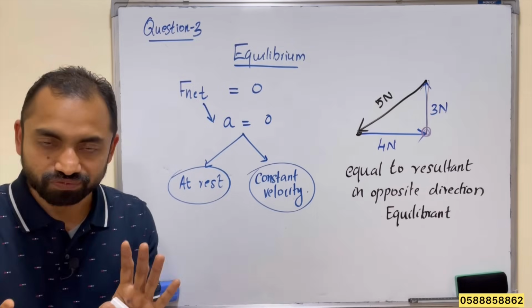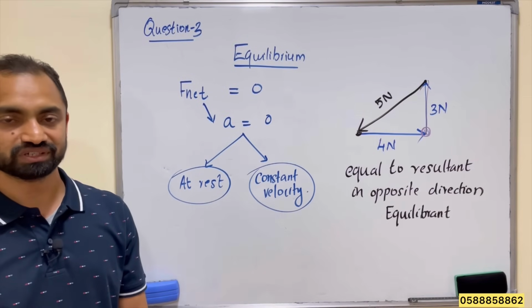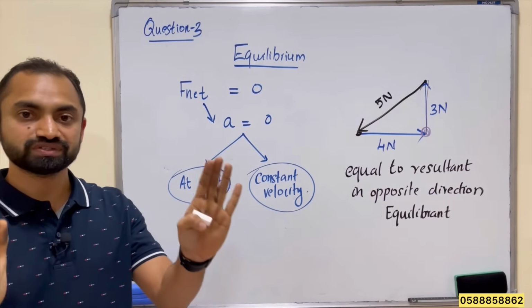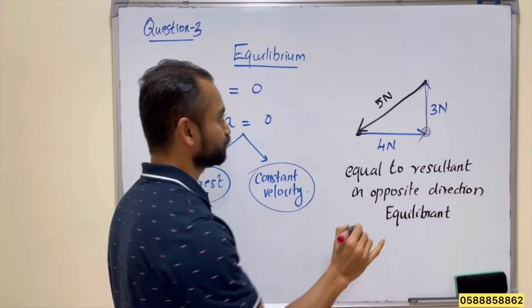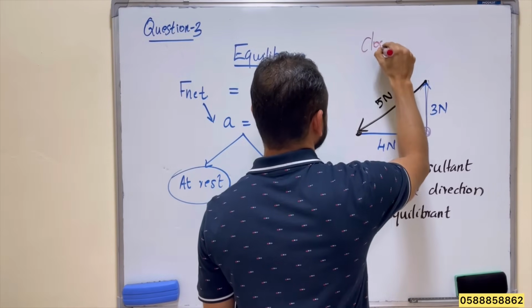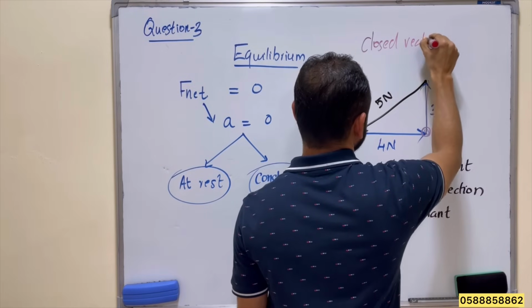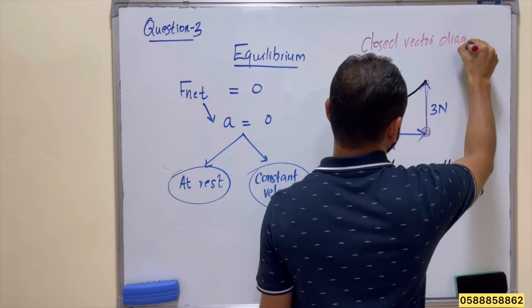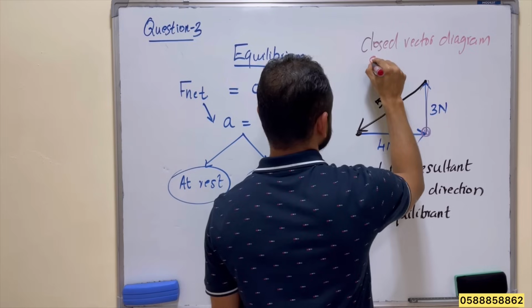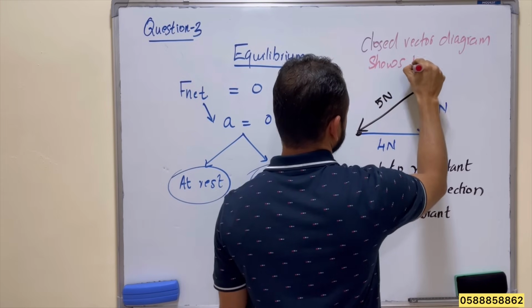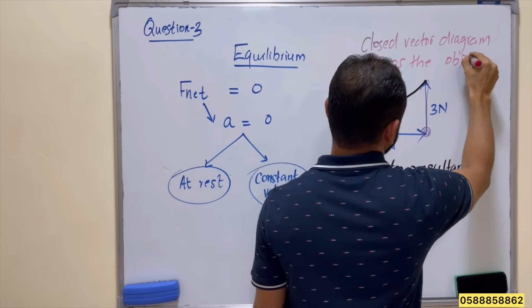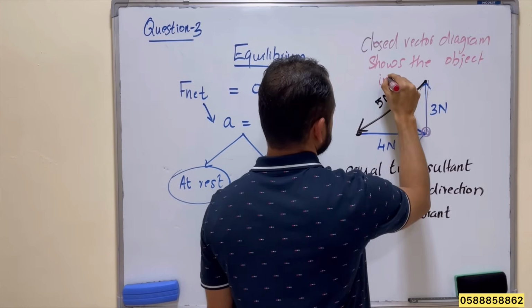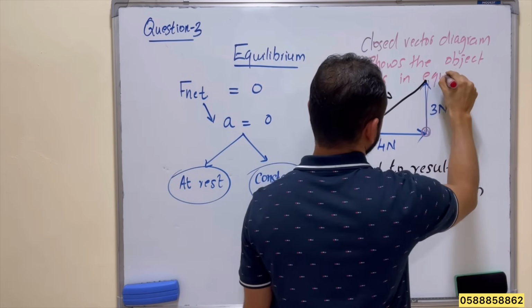A closed vector diagram represents that the net force is 0 and the object is in equilibrium. So a closed vector diagram shows the object is in equilibrium.